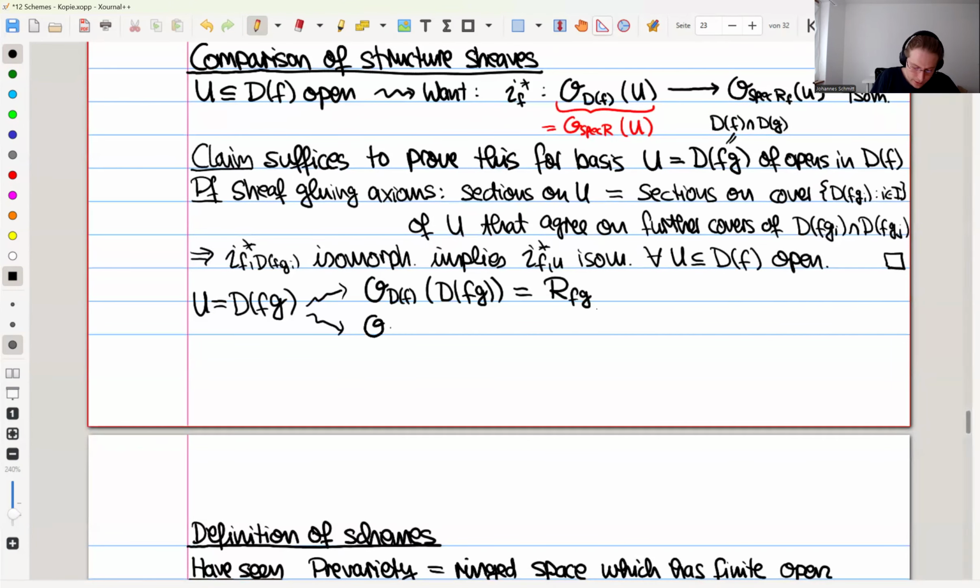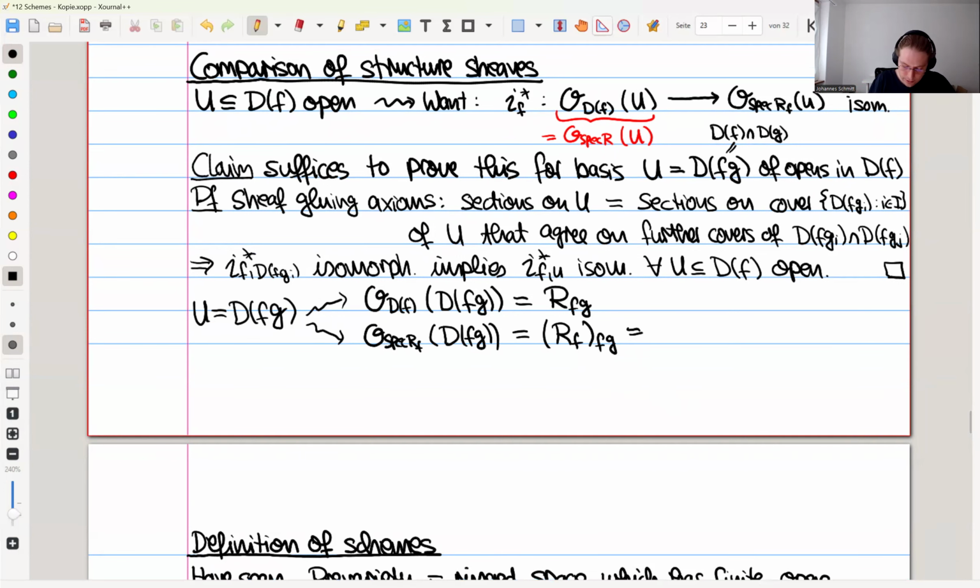On the other side, we have this Spec R_f, and then inside there, we have the D(g). But we apply the same result. We start with the big ring R_f, and then we localize at g. And then doing these two localizations, since this here divides this, it's the same as just doing the localization at the bigger thing.